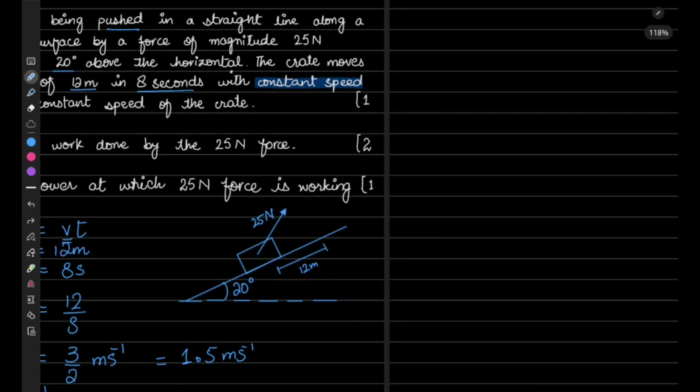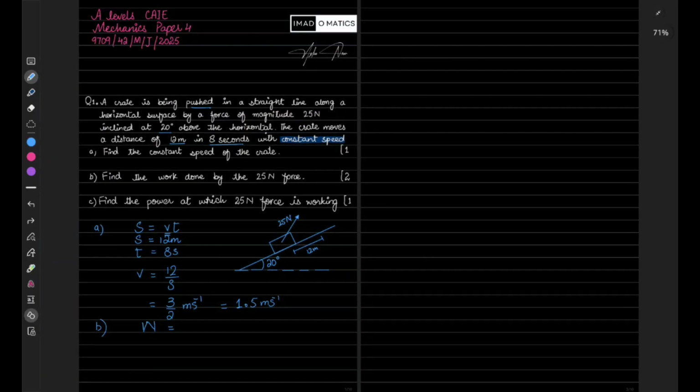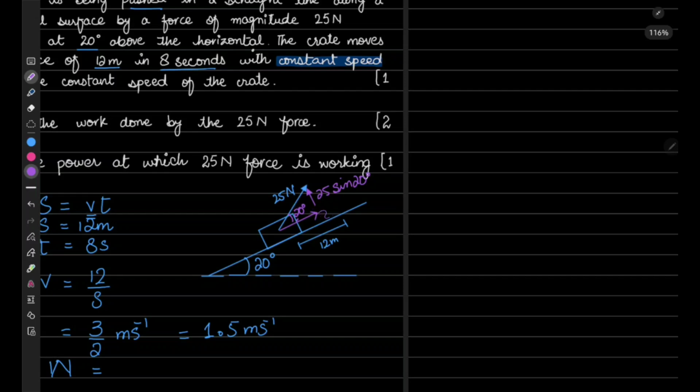So for that reason, let's break this down. The angle would be the same 20 degrees in between. This becomes 25 sin 20, opposite to the angle, and this becomes 25 cos 20.